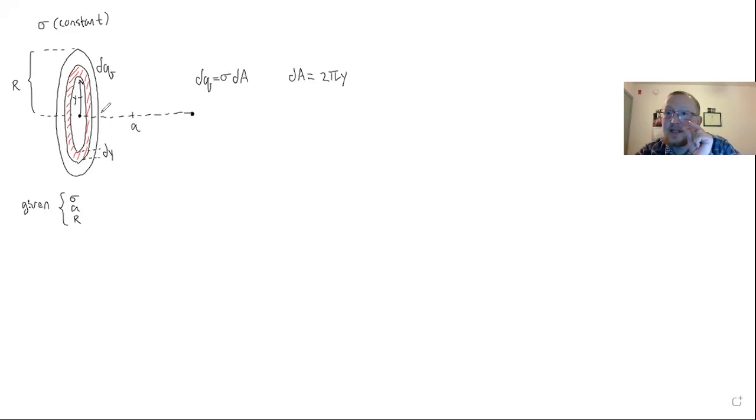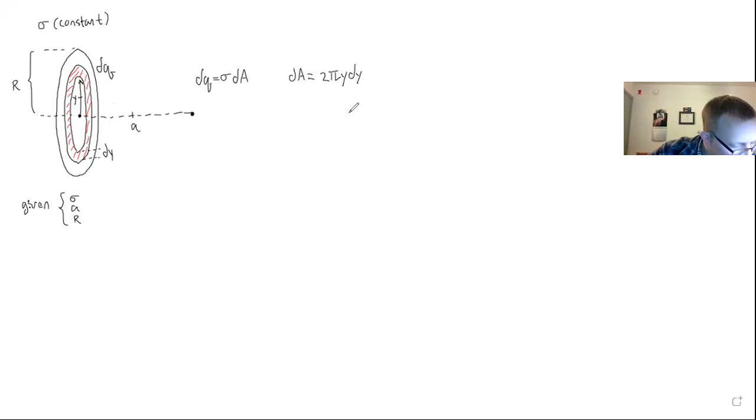But the circumference does have a little bit of a width to it, dy. This is what makes it a surface; this is now a surface area that we're dealing with. So the infinitesimal area element is going to equal the circumference of the band times the width of the band, 2 pi y, and then dy.